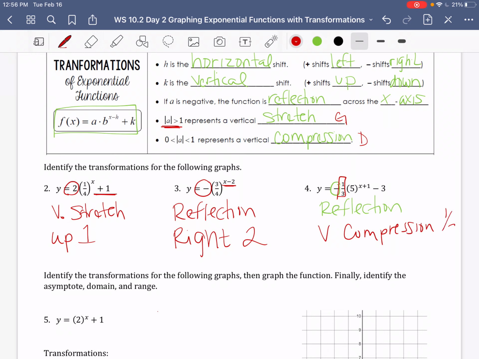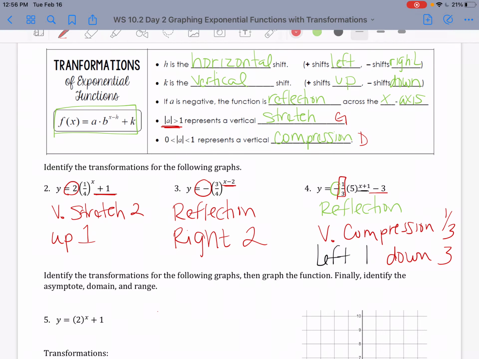And I should probably put the 1/3 there, and I probably should have put the stretch of 2 over there. So it's a vertical compression. Next you have a +1 in your exponent, so that is telling you to go left 1 because you go the opposite. And then lastly, it's -3, so it's down 3. So that would be a pretty big table if we had to graph that.